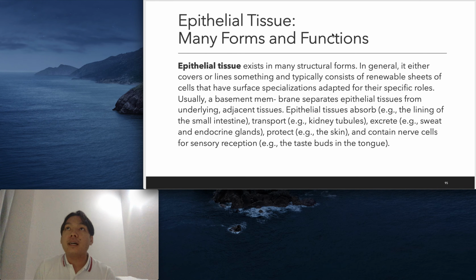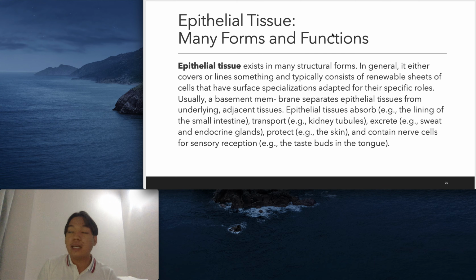A general idea of the epithelial tissue is that it contains a basement membrane, separating the epithelial tissues from the underlying adjacent tissues. They absorb, like the lining of your small intestine, they transport nutrients, waste products, excretion, and protect your skin.